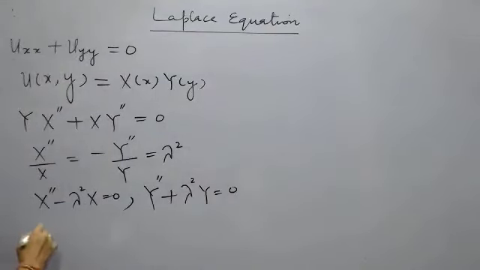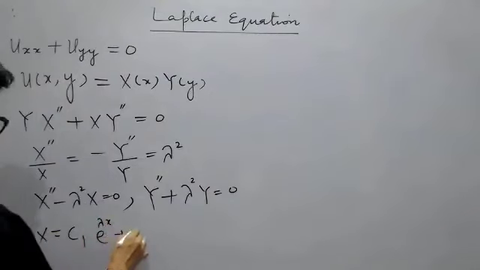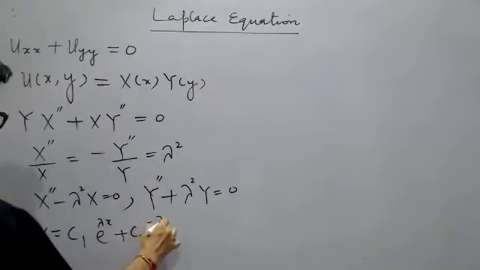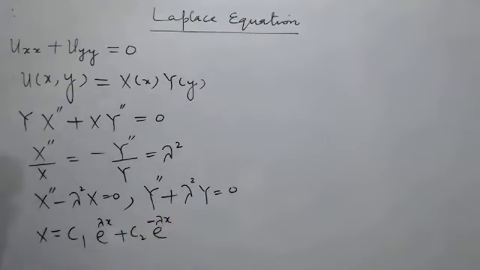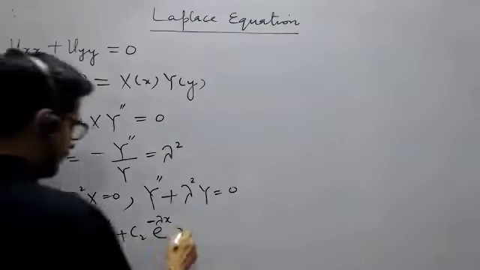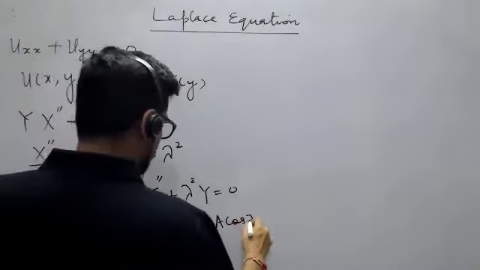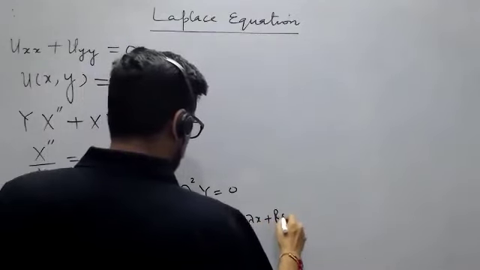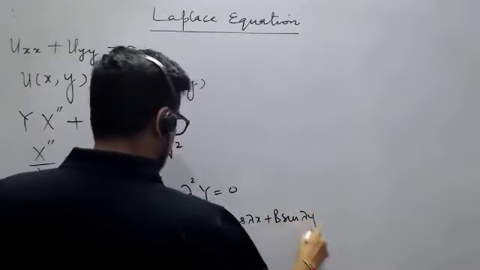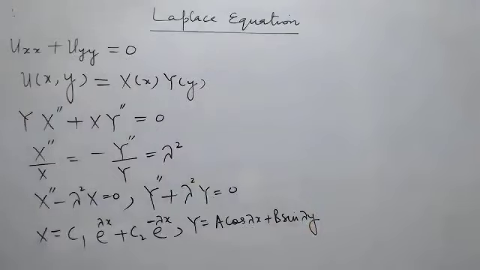So capital X will become c1 e to the power lambda x plus c2 e to the power minus lambda x, correct? And capital Y will become a cos of lambda y plus b sine of lambda y.